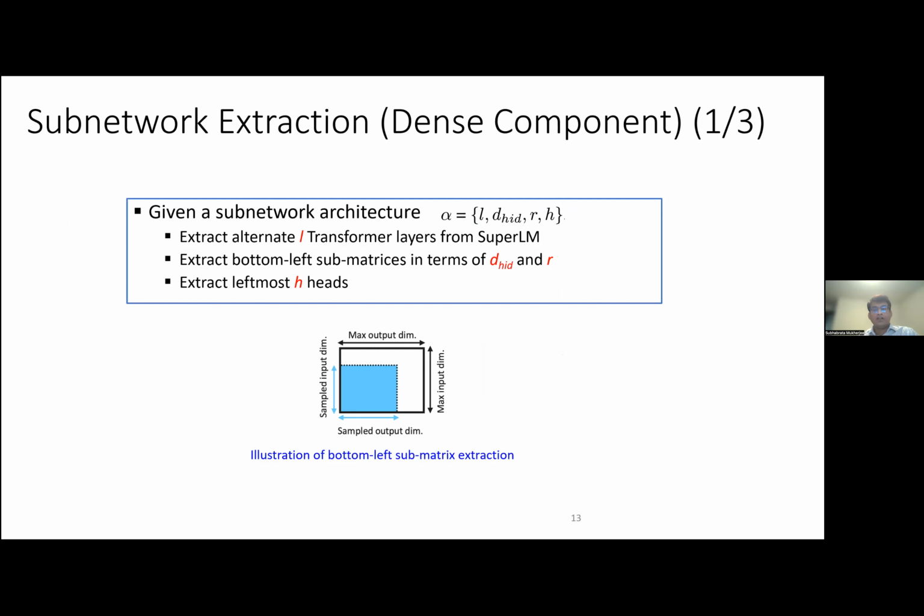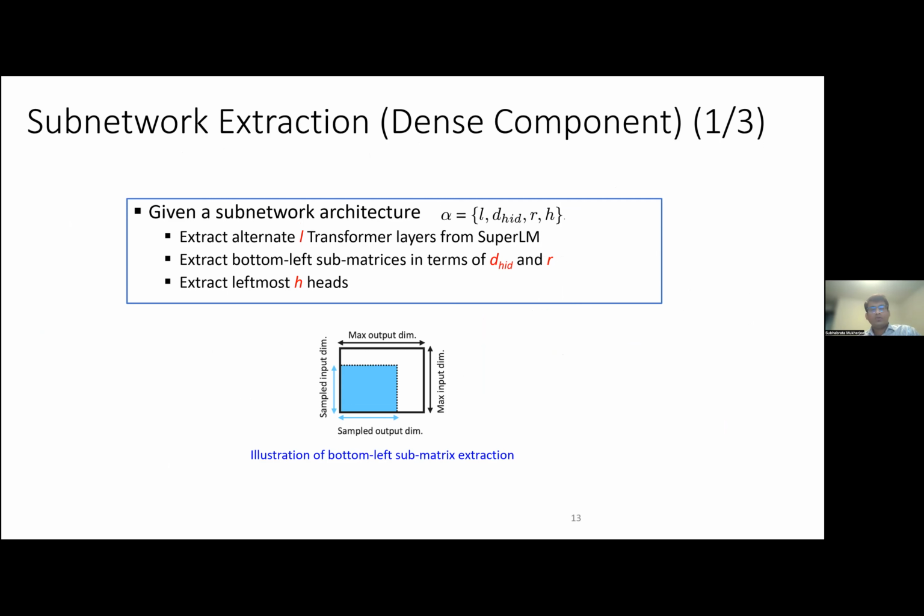Okay. So now the most critical part is the subnetwork extraction, as I said, because the entire super language model is trained by weight sharing. Subnetwork extraction again has two components, the dense part of the network and the sparse part of the network. So first, let us talk about the dense network. Suppose you decide to sample an architecture with a certain number of layers, hidden dimension, and heads.